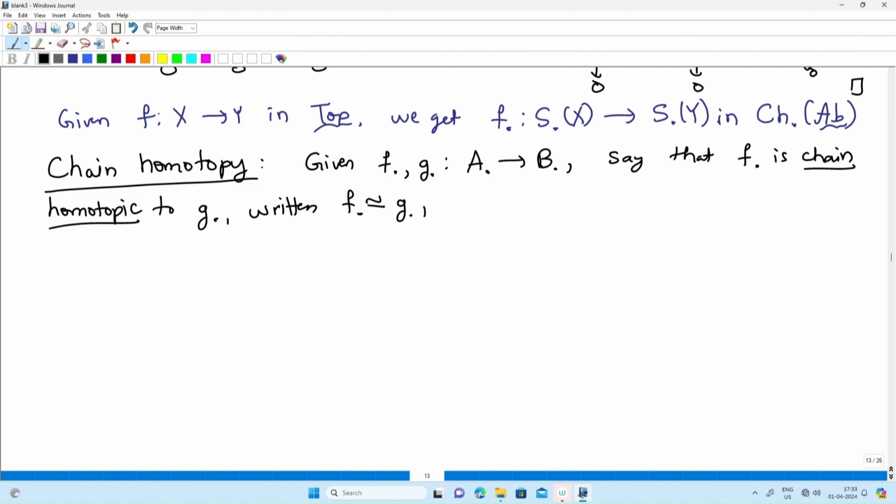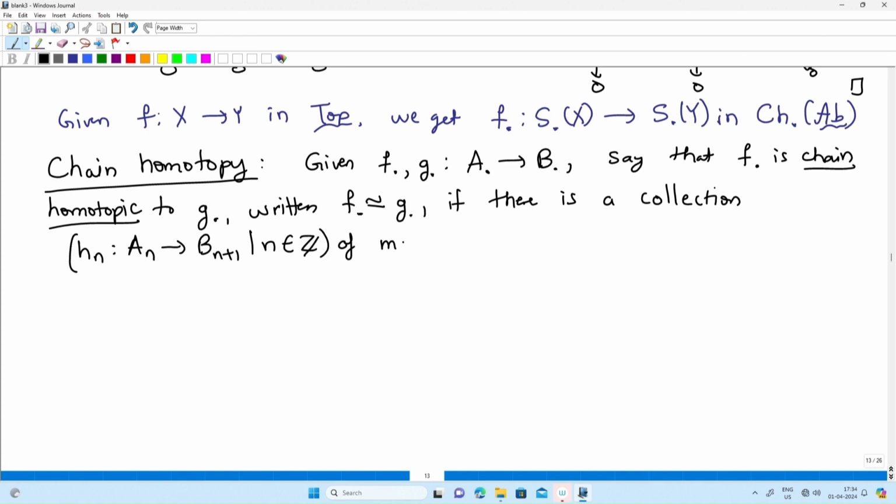f dot is chain homotopy equivalent to g dot if there is a collection Hn from An to Bn plus 1 for n in Z of morphisms in A such that, so these are called degree 1 maps, degree 1 because it goes from An to Bn plus 1.